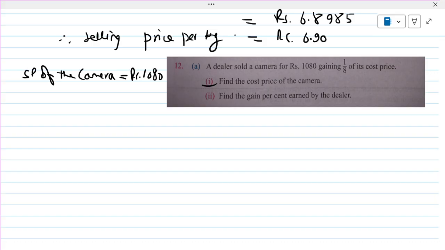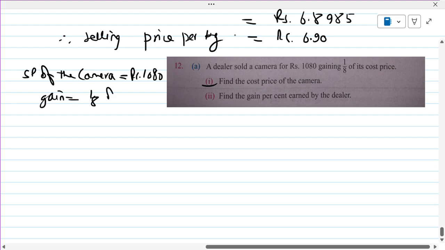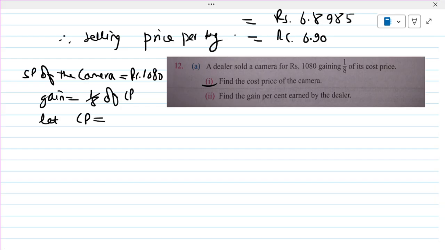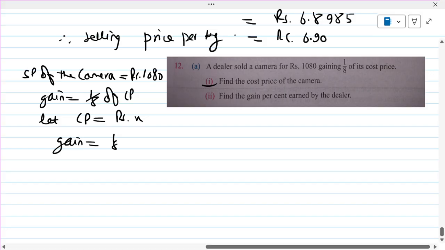And there is a gain of 1 by 8 of CP. So gain is given as 1 by 8 portion of CP. CP is not given here. We suppose it X. So let CP be rupees X. So gain equal to 1 by 8 of CP X. So X by 8 is the amount of gain.